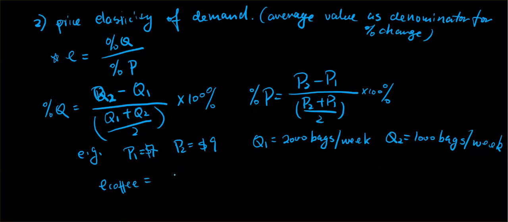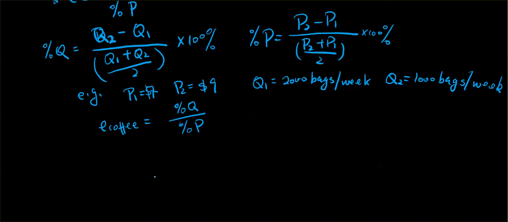What we will do is first calculate the percentage change of the quantity and the percentage change of the price. The percentage change of the quantity equals Q2 minus Q1 divided by (Q2 plus Q1 divided by 2), times 100%.